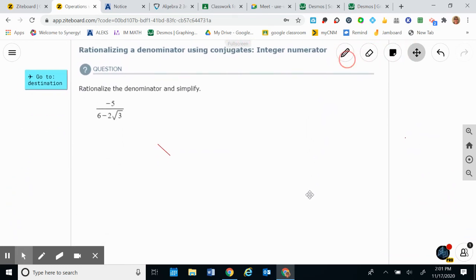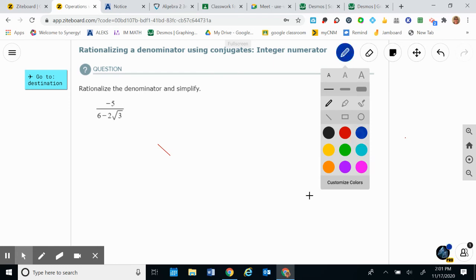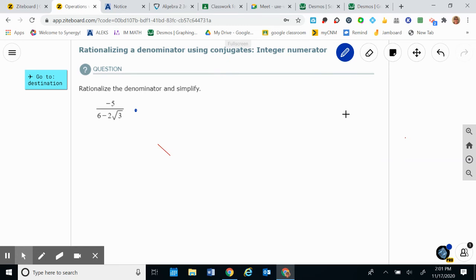Okay, this is probably the most difficult one to rationalize, but it actually should ring a bell. Remember when you were a young lad, and you had like this 2 plus i, and I said we couldn't leave the i on the bottom, and we multiplied it by its conjugate?